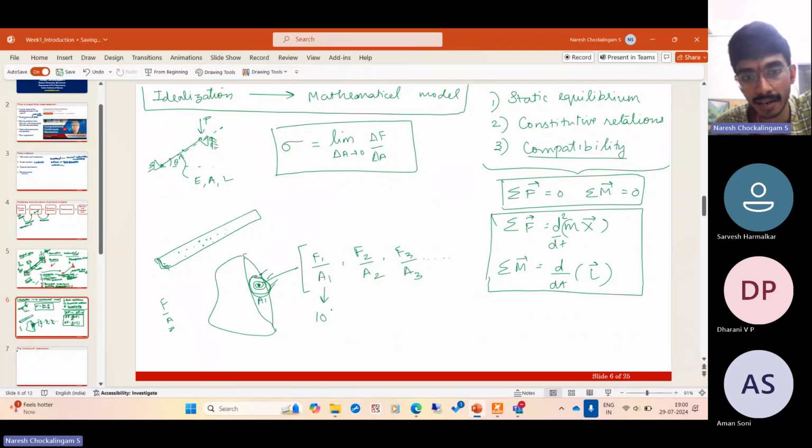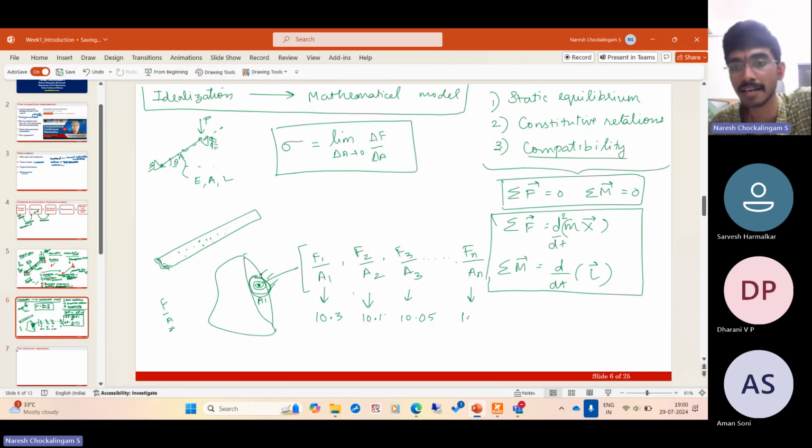So this sequence of numbers, this is one number, say this will be 10.3. This may be some 10.1, and this may be some 10.05, and so on. So this sequence of numbers will converge. So finally, you'll have some Fn by An, right?